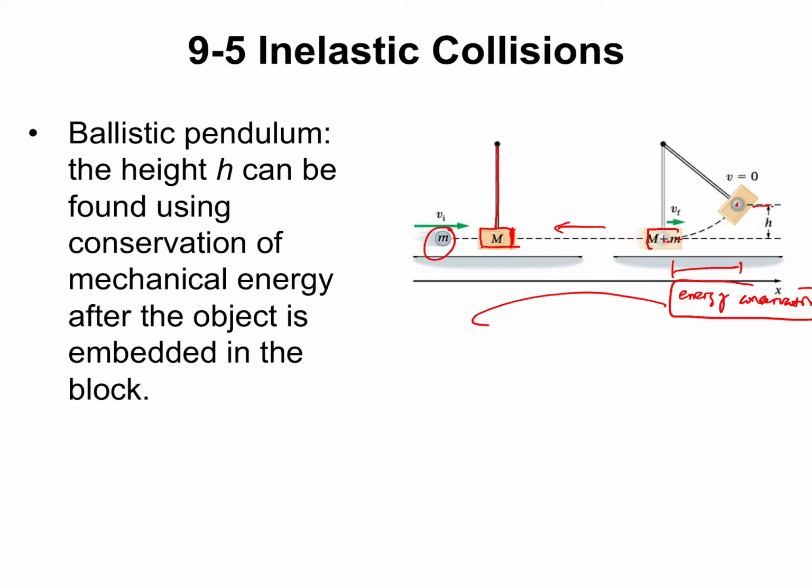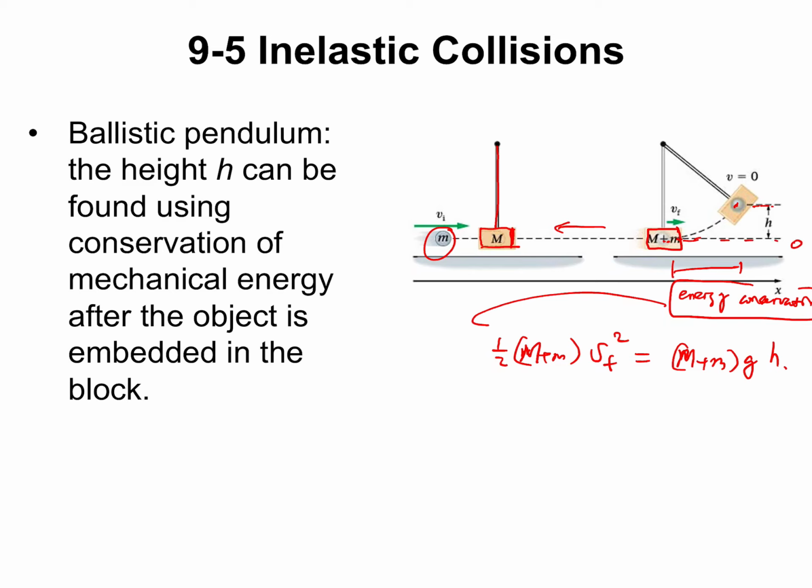Here you have only kinetic energy, 1/2 (M plus m) Vf squared, and then you swing to this height, where you only have potential energy, (M plus m)gh. You assume this is zero height.